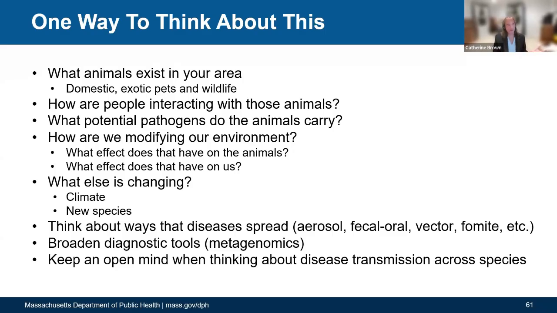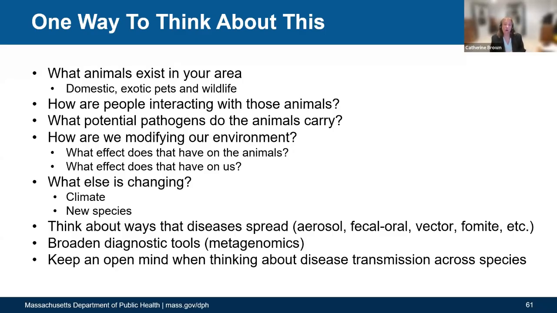What animals exist in your area? And think about domestic animals, exotic pets, wildlife, livestock, and think about how people are interacting with those animals. What potential pathogens do those animals carry that we're aware of, right? Understanding that there are gaps in our knowledge.